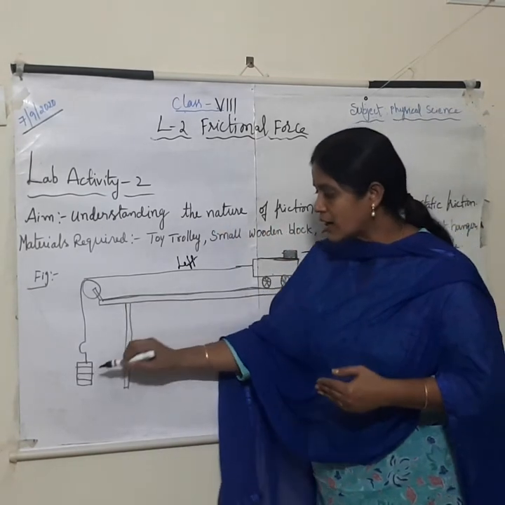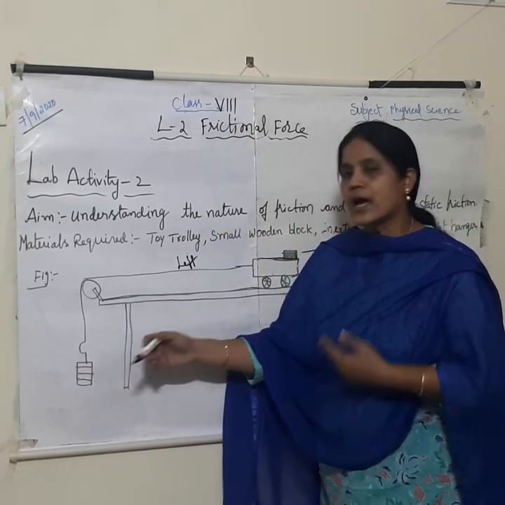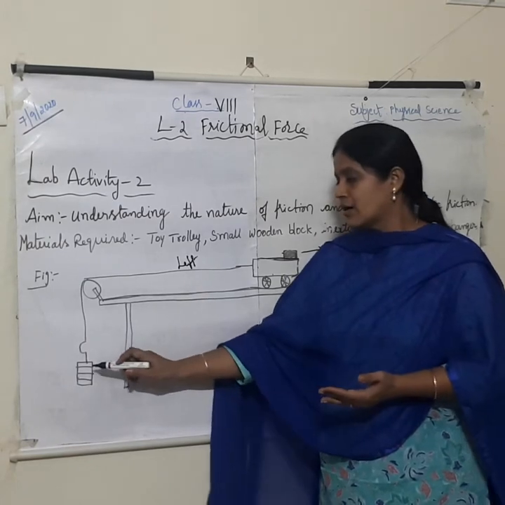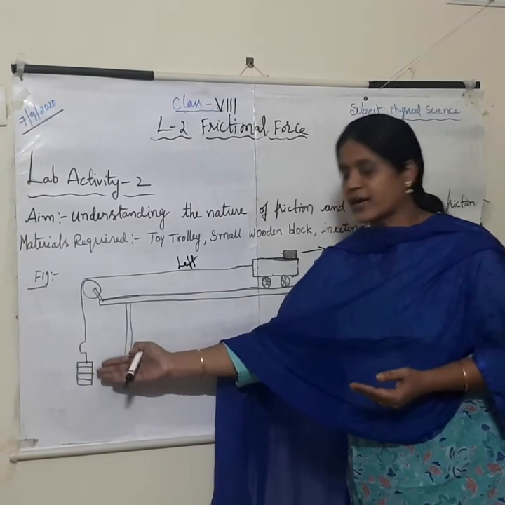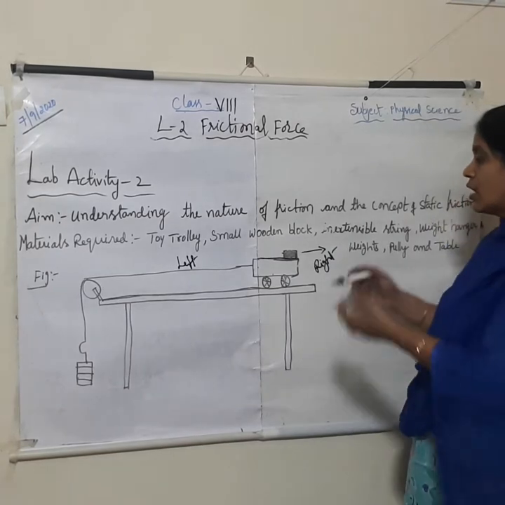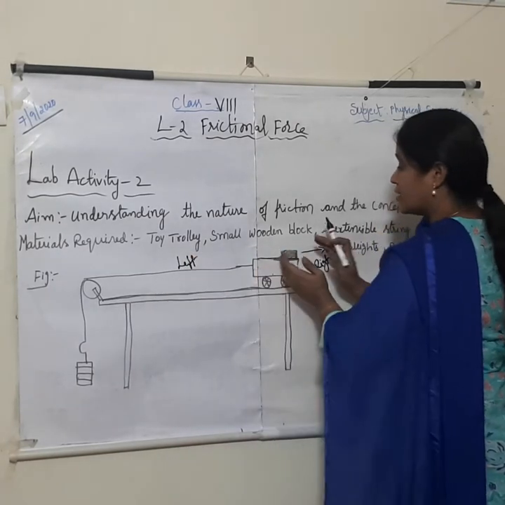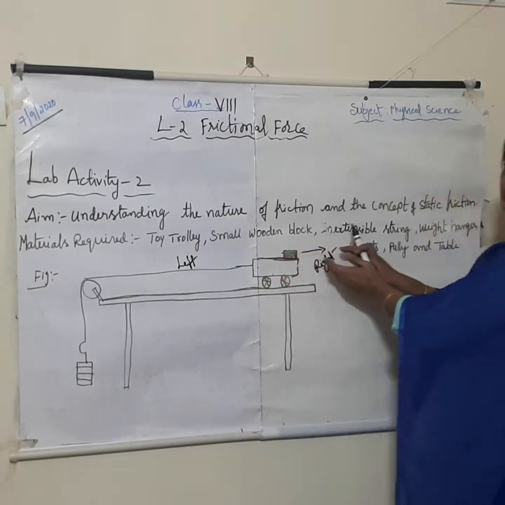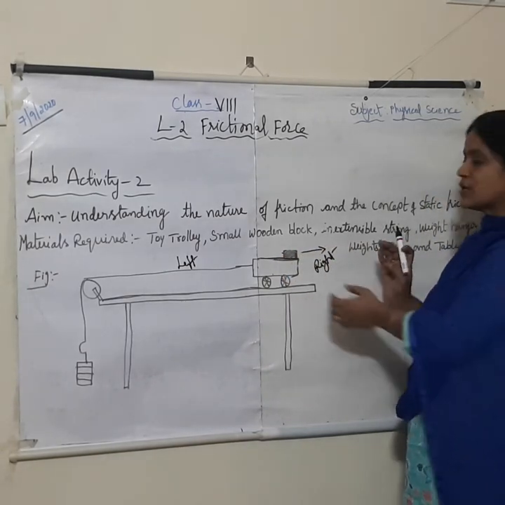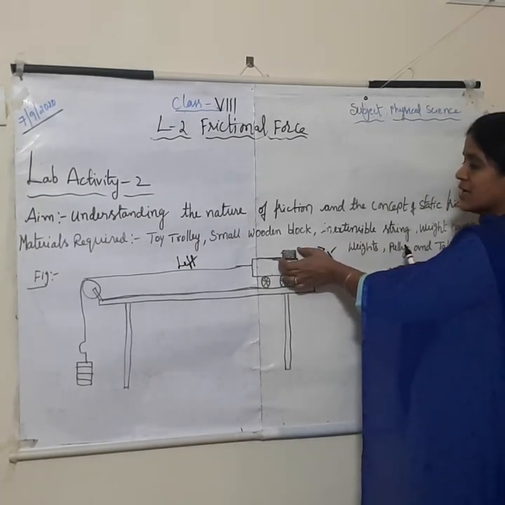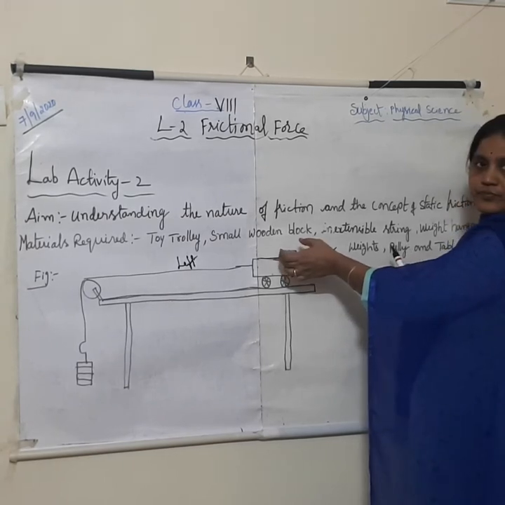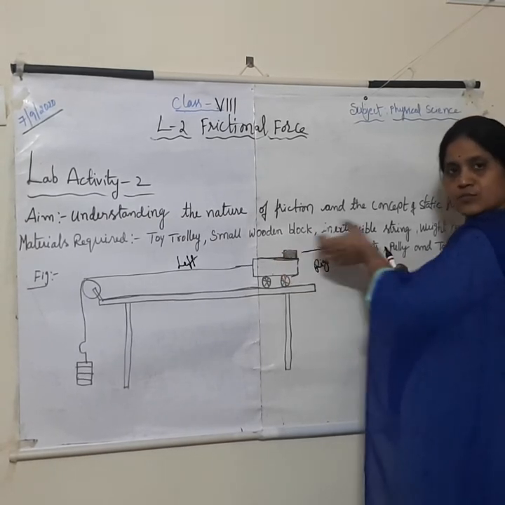But after a certain level, when you add one more weight to this weight hanger, the trolley starts moving left and the wooden block starts moving right. Means the wooden block is moving.